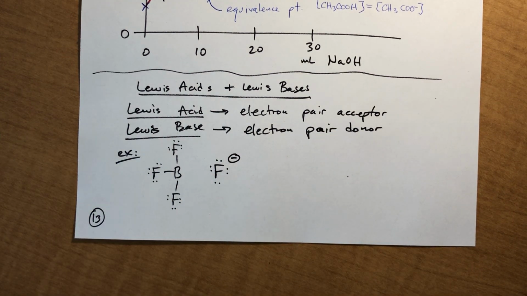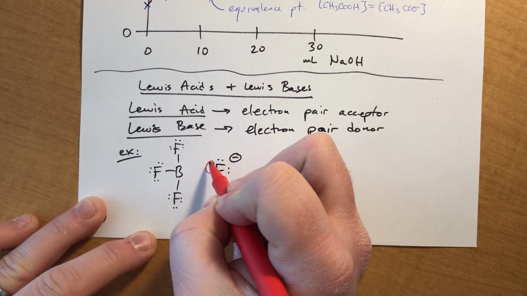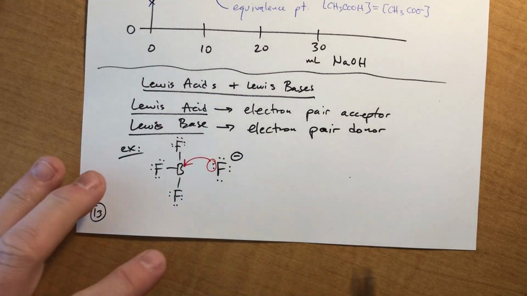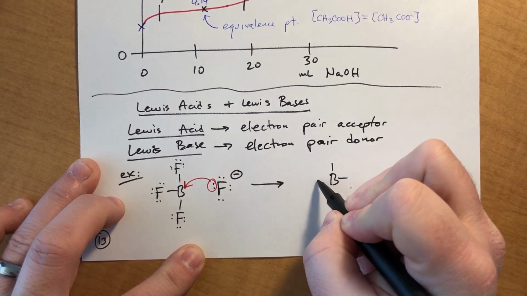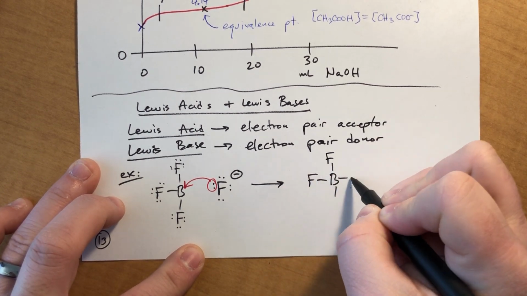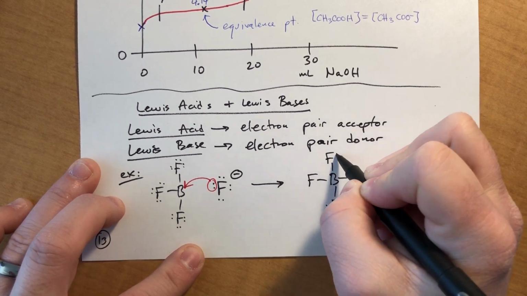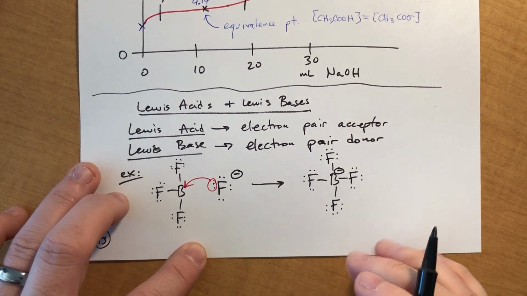It turns out that boron is fairly positive, and it will attract these electrons. This thing is going to basically donate some electrons and form a bond. And the boron would have a negative charge, whatever.